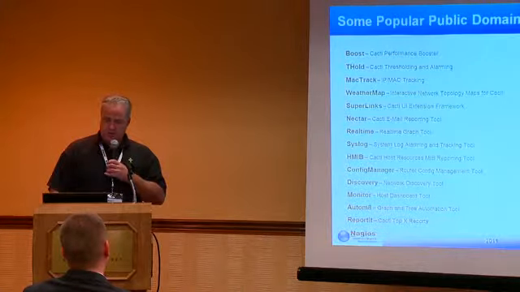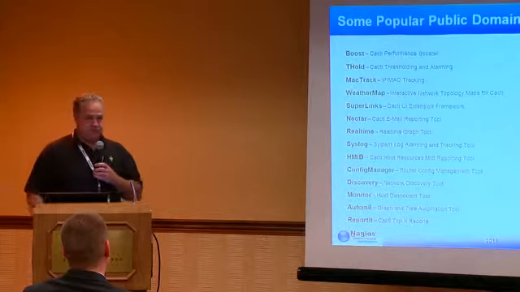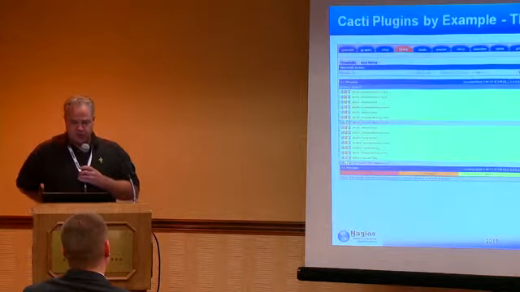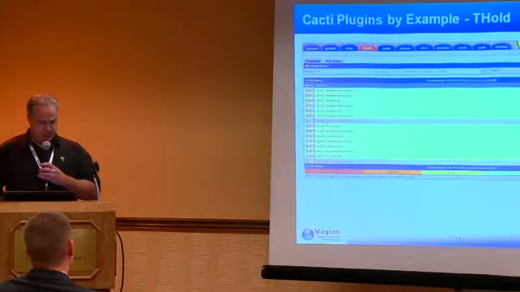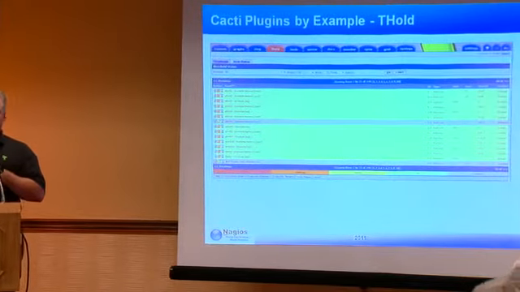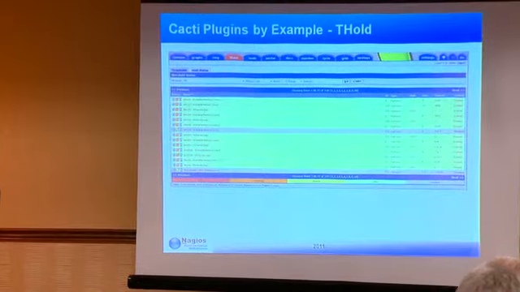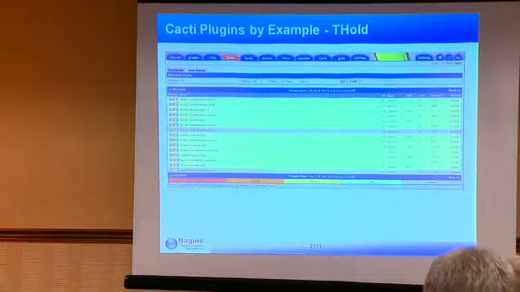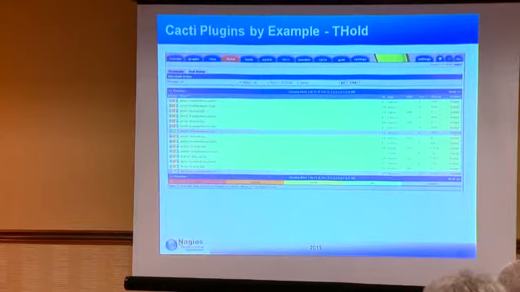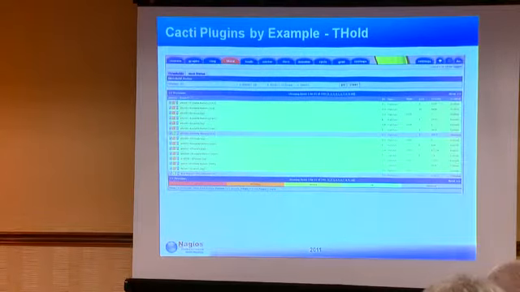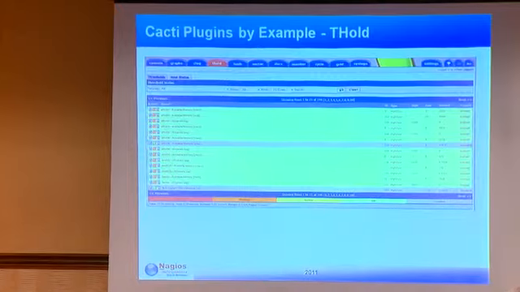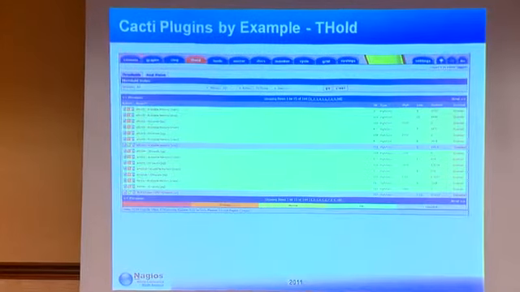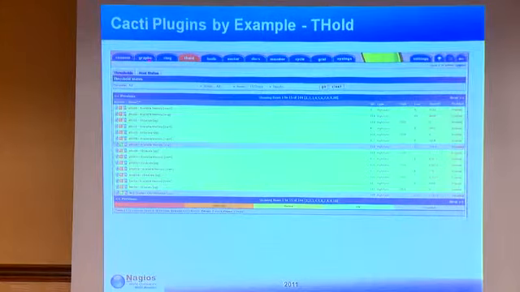So, now that you know a little bit about plugins, let's look at some screenshots that have been neutered here. In other words, some of the information has been removed to protect the innocent, right? So here's an image of the THold plugin, and you can see already on the interface that I no longer have just two tabs, right?